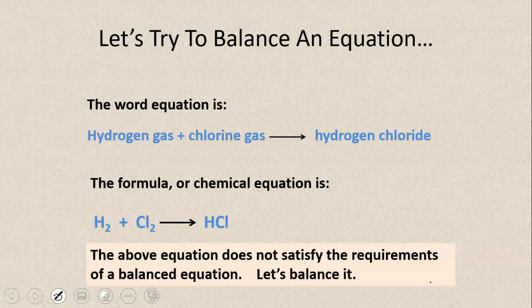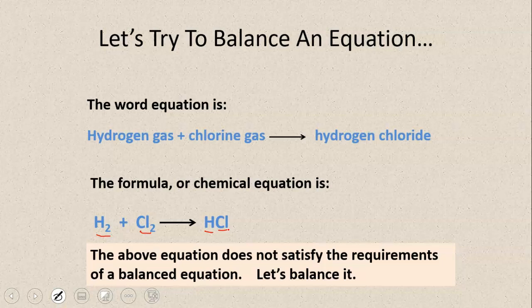However, this equation is not balanced. On this side of the equation, we have 2 hydrogen, but on this side, we only have 1. On this side of the equation, we have 2 chlorines, but on this side, we only have 1. That would imply that matter has been destroyed. Can't happen.